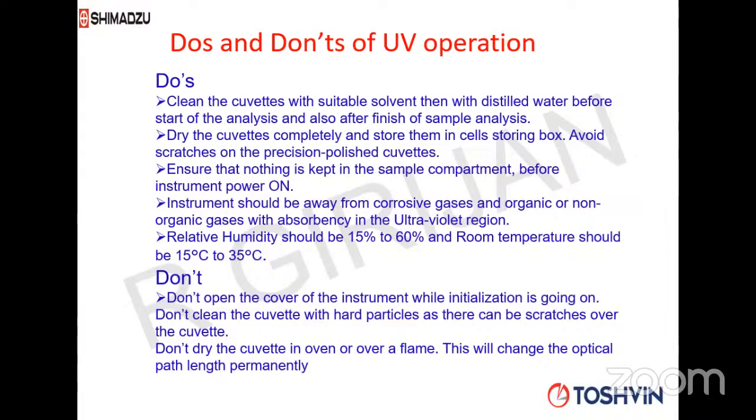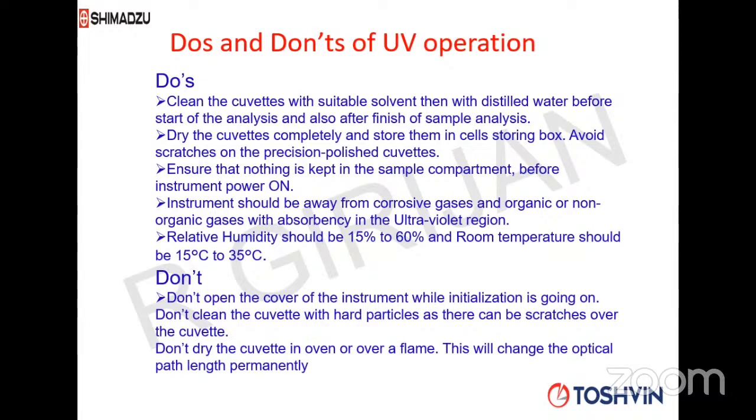And these scratches become points where your light will get diverted. So the amount of light that goes to the detector will reduce. That means the sensitivity will reduce. So never do that. We tell the students, we tell the people in the industry, never clean the sides of a cuvette with your lab coat. Take a lint-free tissue paper which is very, very smooth and just wipe once, that's all.